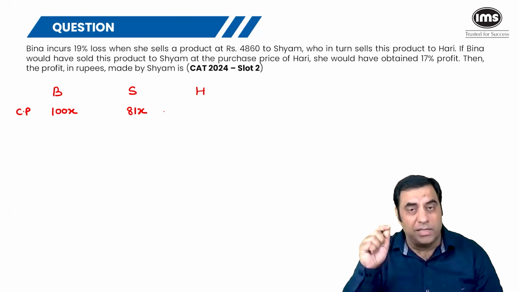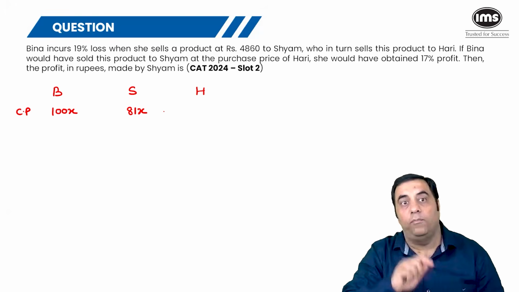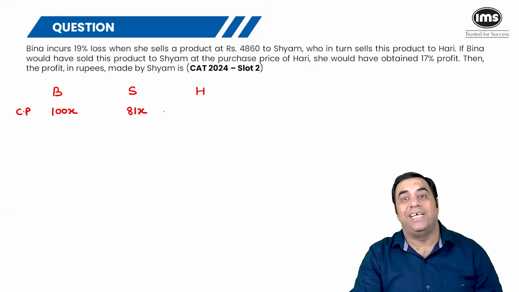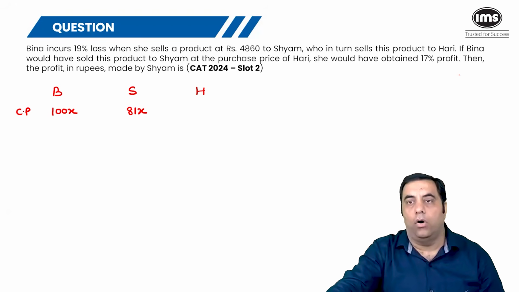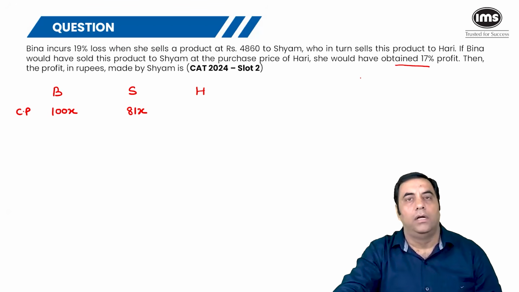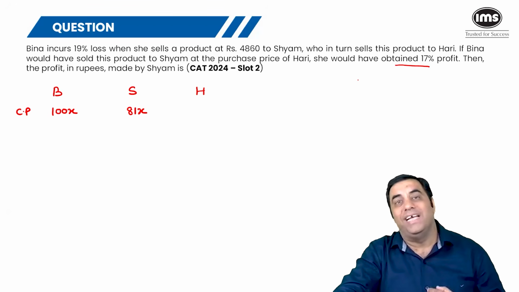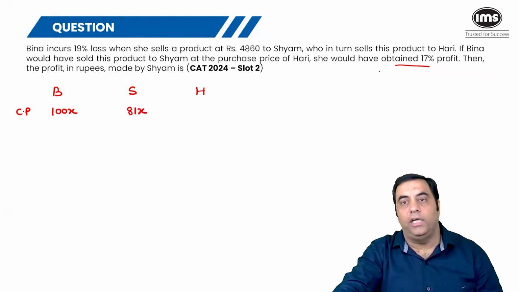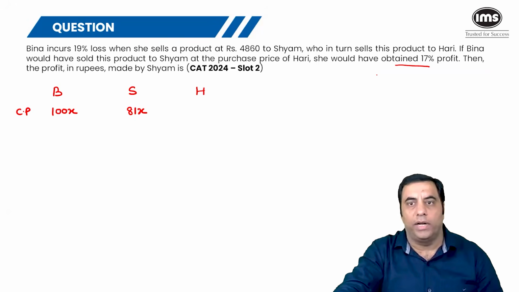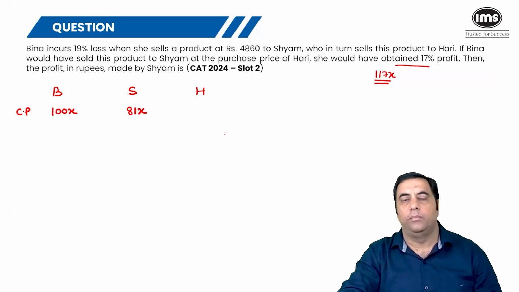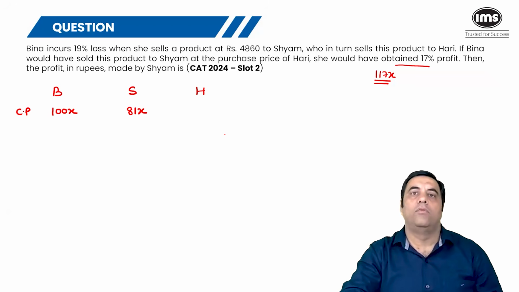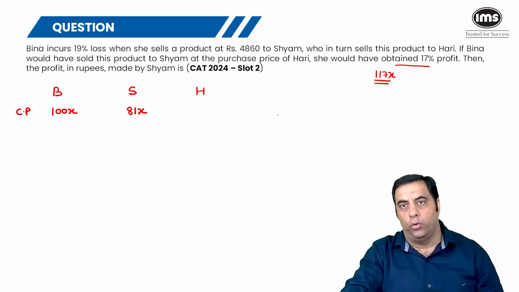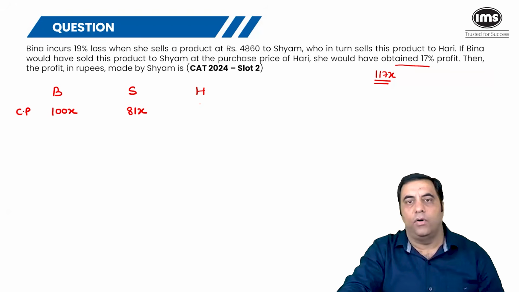So from this statement, in order to obtain 17% profit, the price at which she's supposed to sell should be 17% more than the cost price, which would be nothing but 117x, because the cost price for Bina is 100x. So from here we get that the purchase price for Hari is 117x.